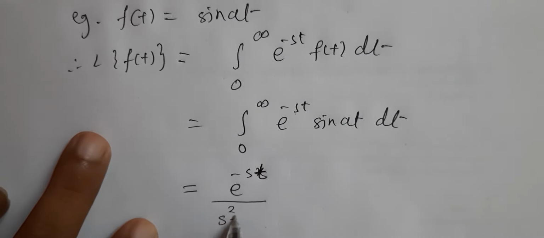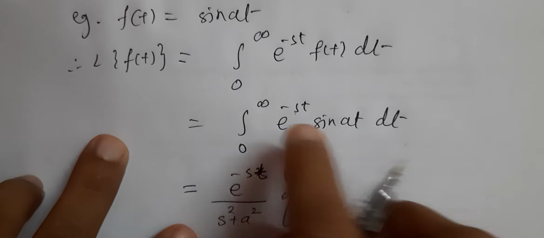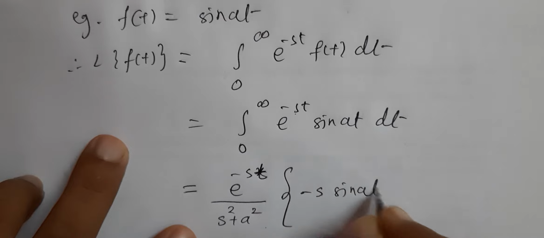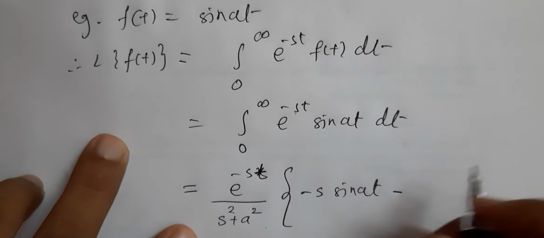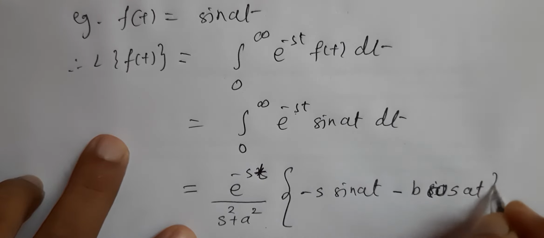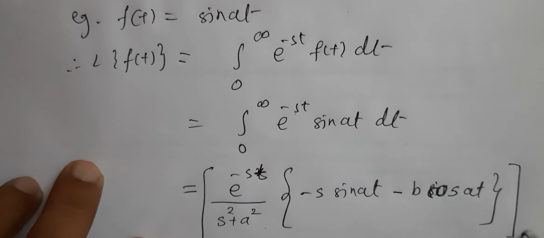So here I will have (s² + a²) into a sin(bx + c)... so here I will have minus s sin at minus b cos(bx + c). So minus b cos at. So this is the integration from 0 to infinity.